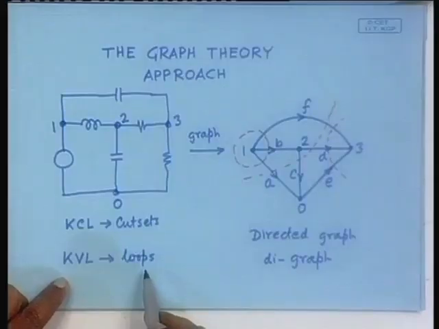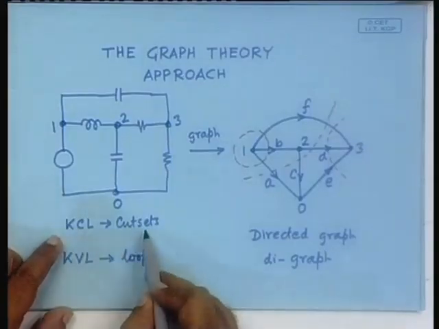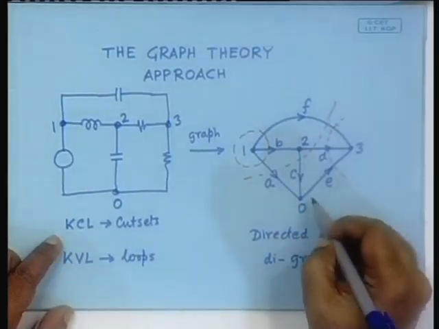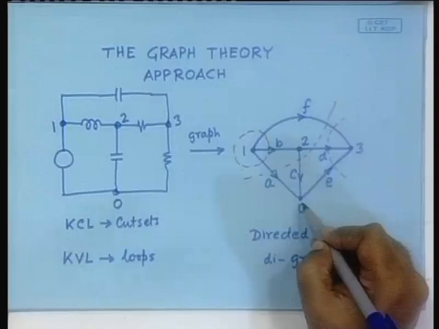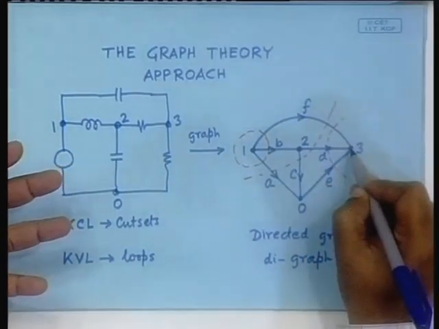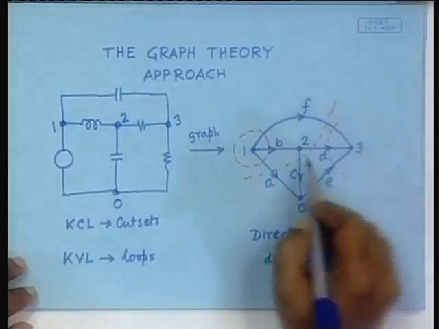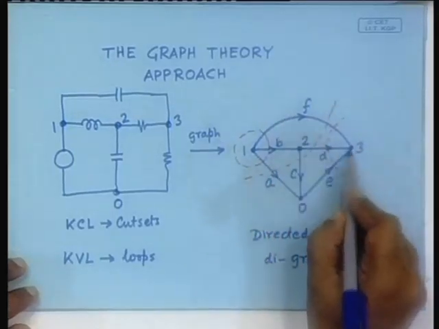Fine. So, that is how we will do it on the loops, and while we do it on the cut sets, we will say that for every cut set, for example, for this one, suppose the currents entering this particular subgraph are positive, then IE plus ID plus IF equal to 0.